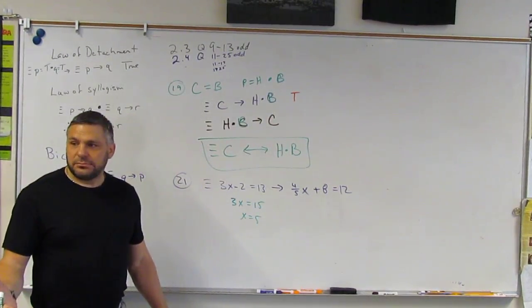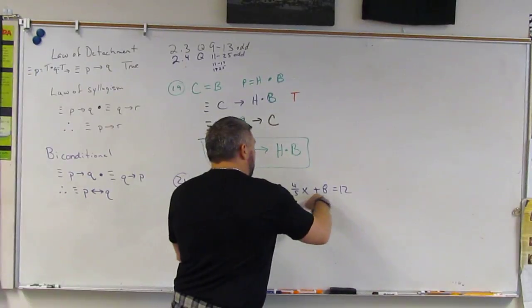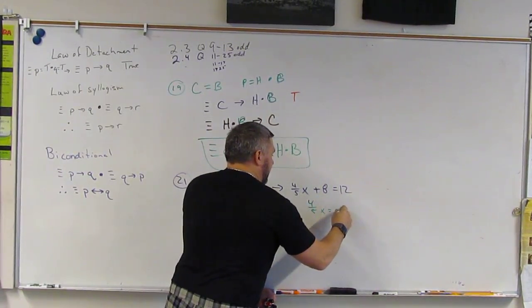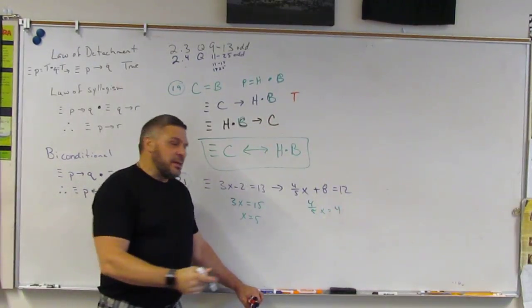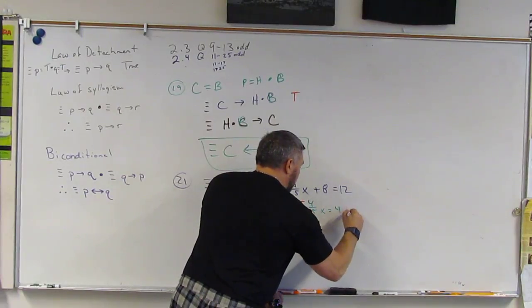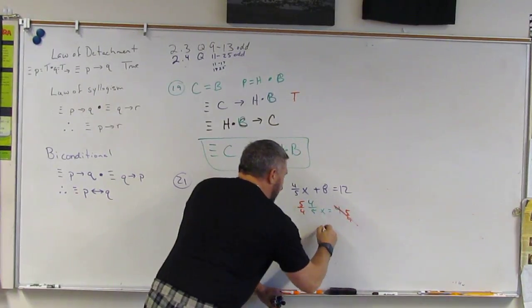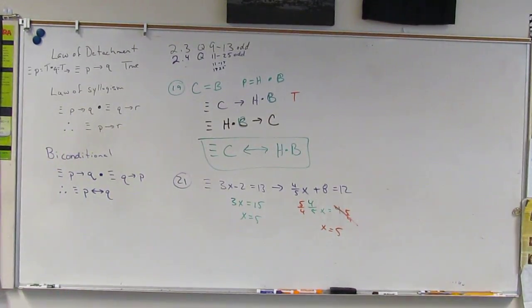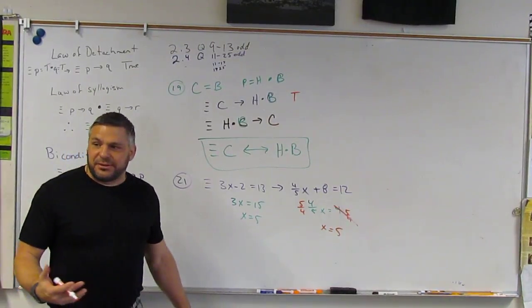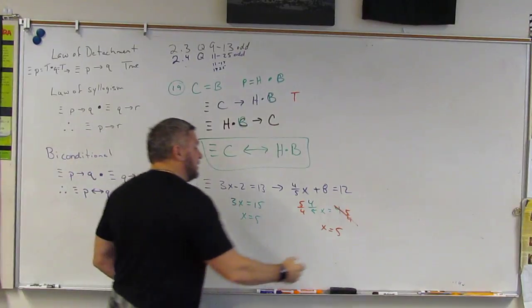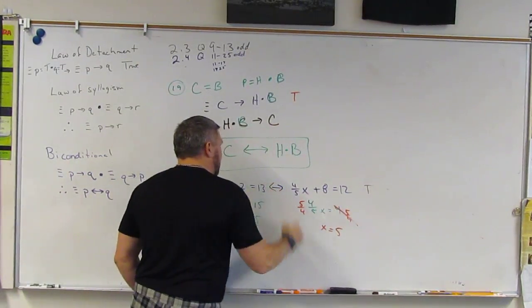Then 4/5 x equals 4, and I would multiply by 5/4 and we would get x equals 5. So in both cases, x equals 5, so they actually do equal each other. This is a true biconditional statement, and we're done.